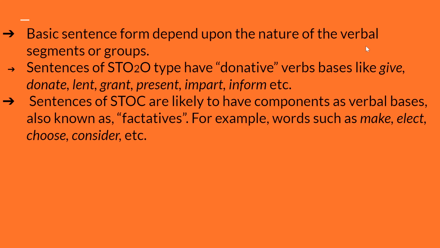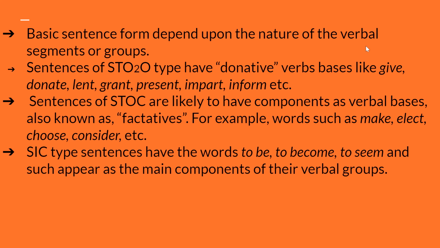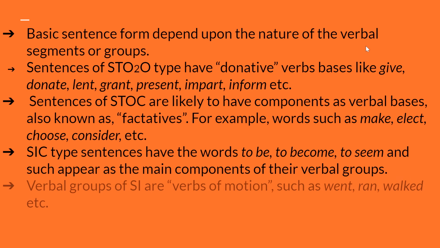For example, words such as make, elect, choose, consider, etc. SIC type sentences have the words to be, to become, to seem, and such appear as the main components of their verbal groups. The verbal groups of SI are verbs of motion, such as went, ran, walked, and such.